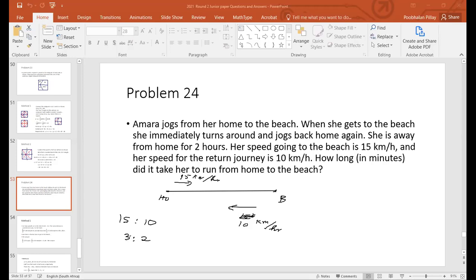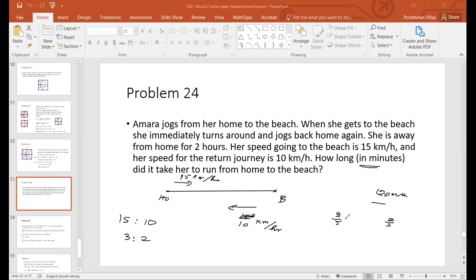Because if you take 2 hours now, the answer is in minutes. So 2 hours is 120 minutes. So you divide 120 in the ratio 3:2. When you divide 120 in the ratio 3:2, one is 3/5 and the other is 2/5.